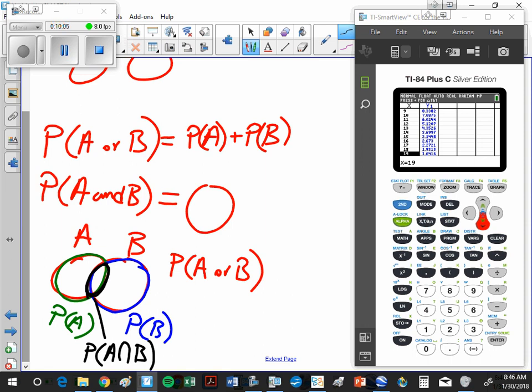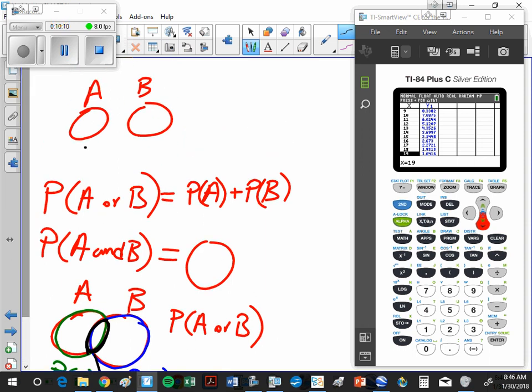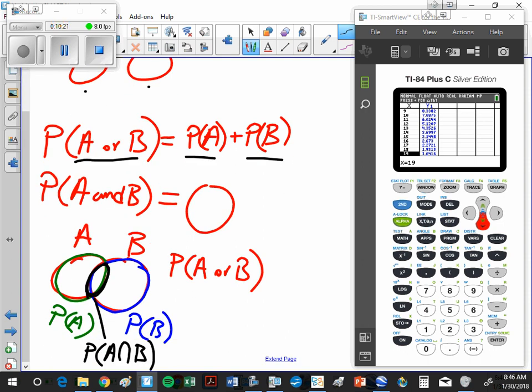Does that make sense? So, going back up here, if A and B are totally separate, disjoint, mutually exclusive, A or B is simply the probability of A and the probability of B put together. Going down here, if A and B have an intersection, then to find the probability of A or B, we're going to take the probability of A and add that to the probability of B, but that number is too big.